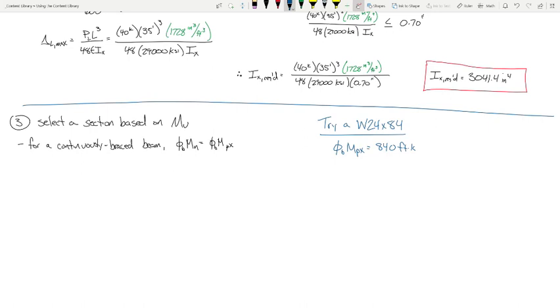And what can you tell me about that? That's greater than what we assumed. Exactly. So if we were to select this section, we need to go back and update all those moments and shears that we computed earlier. It's not going to greatly affect things, but it's enough that those initial moments and shears are wrong.